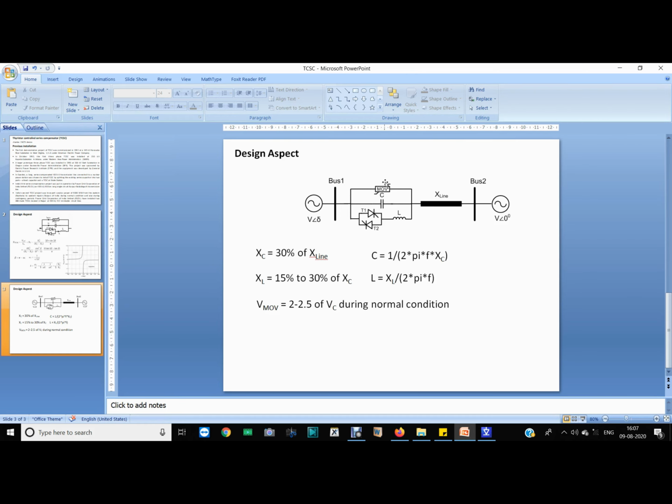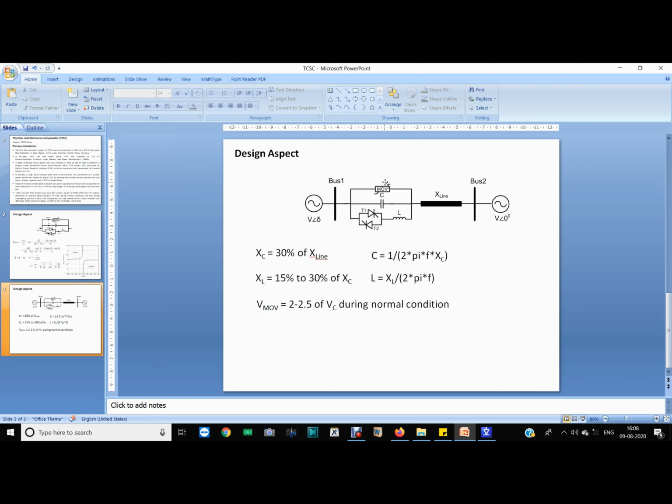In normal condition the voltage across the capacitor is very low, so it will not operate. It will provide a very high, infinite impedance, you can say, so the current will not flow through MOV.